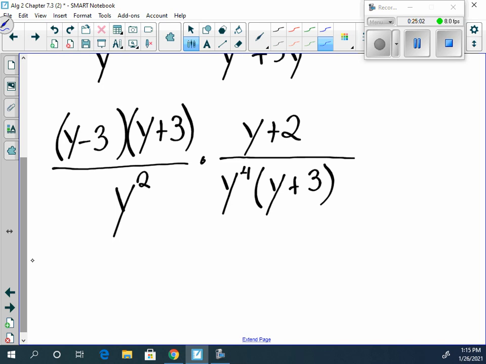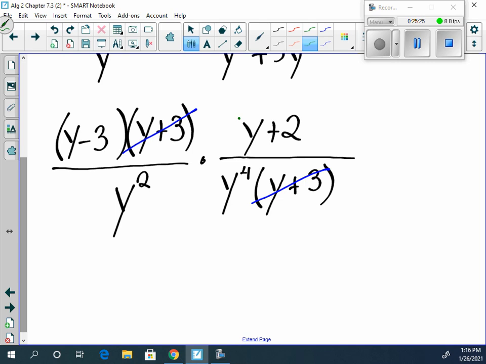And what can we do next? And y plus 3 will cancel. What else will cancel? Take the y off the top, right, you take y off the y squared.